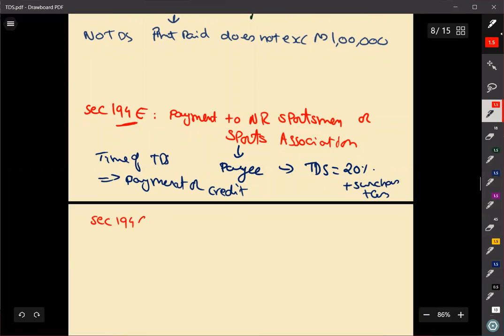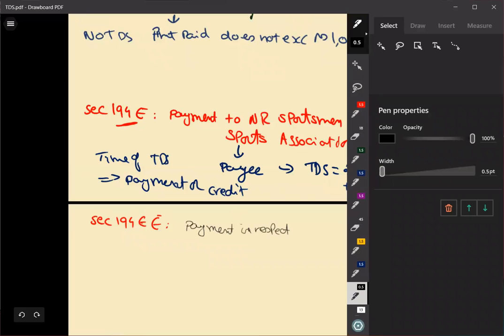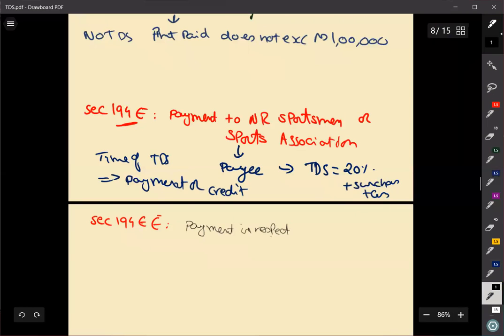The other section is also a very small section, section 194EE. What is this? This section applies when a payment is happening in respect of a deposit under the National Savings Scheme.